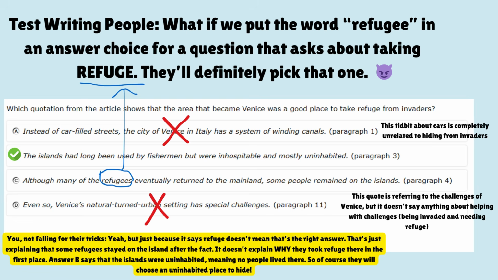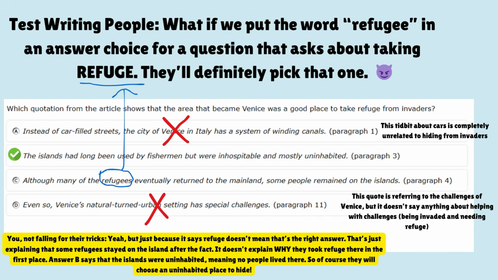And there will always be one that has nothing to do with what the question is asking. Those are the ones that people often choose when they haven't carefully read the article. So we're going to X that one out because we did carefully read the article and we know that this little sentence about cars has nothing to do with why people might seek refuge in Venice.